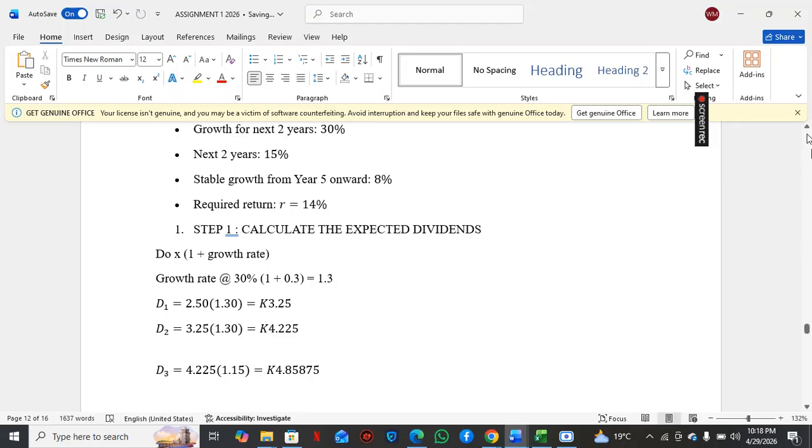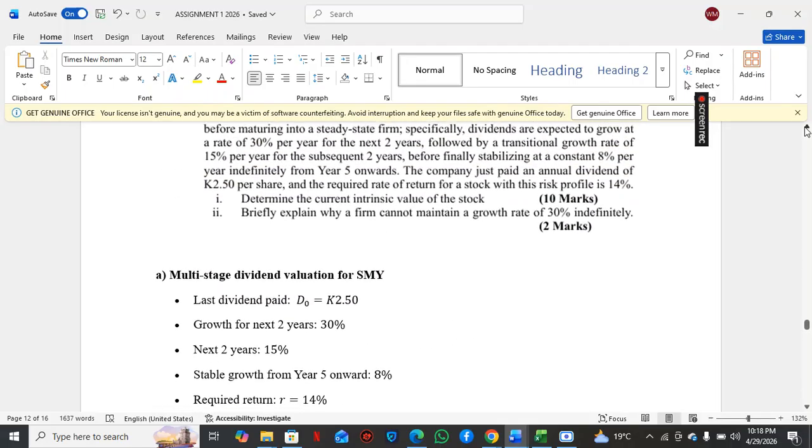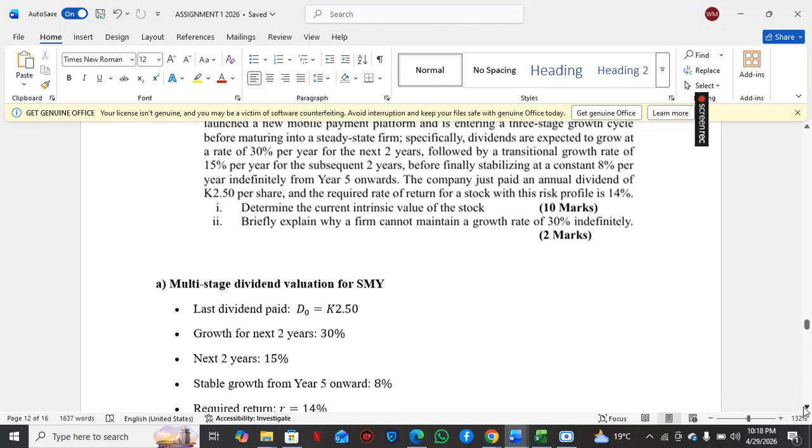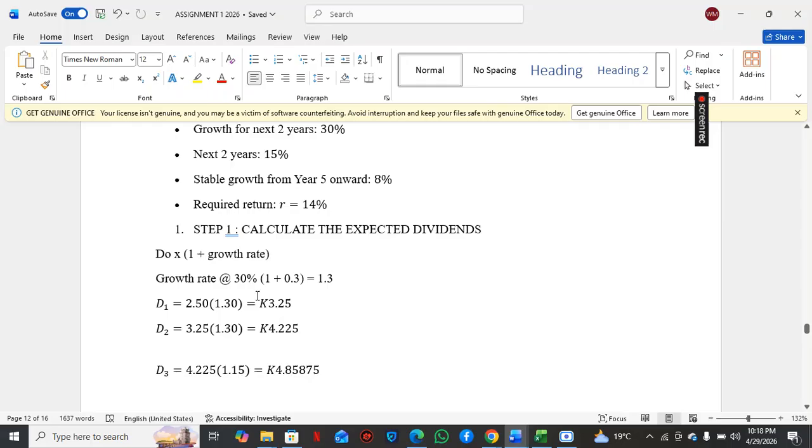Since they told us the first 2 years it's going to be at 30%, the dividends will grow at around 30% for the next 2 years. So you start with 2.5 times 1.3, you get 3.25. This is the expected dividend in year one.